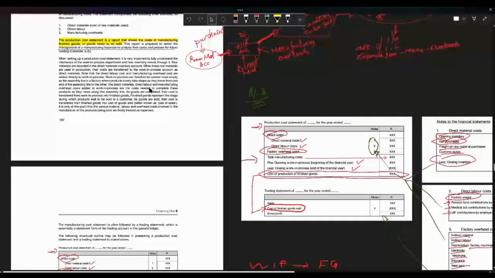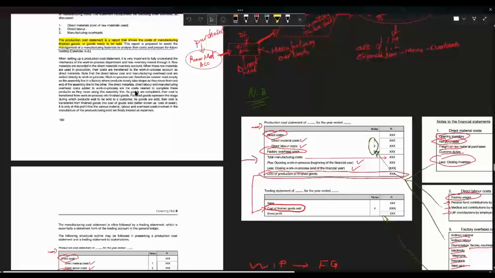That is material, labor, and factory overhead that was not used in this production period. I trust this makes sense.